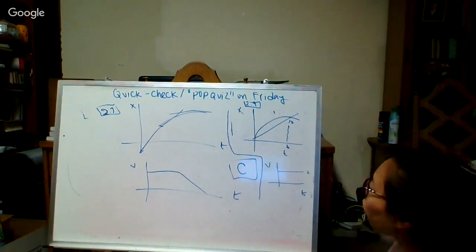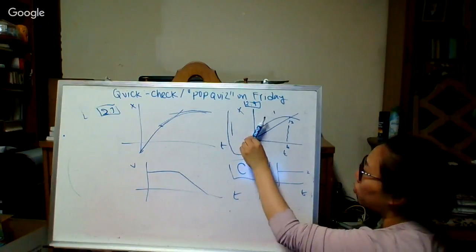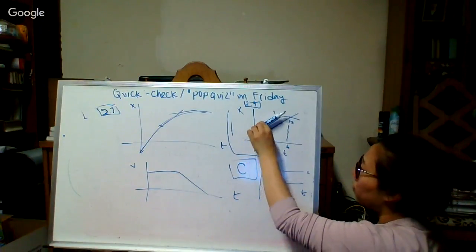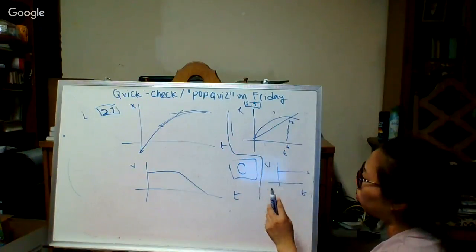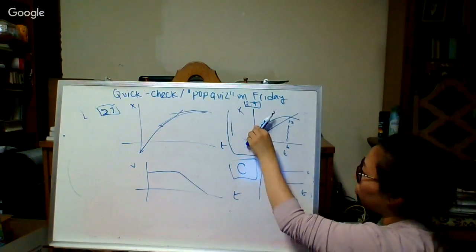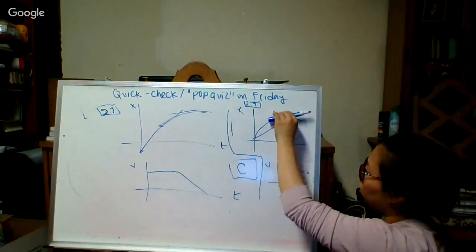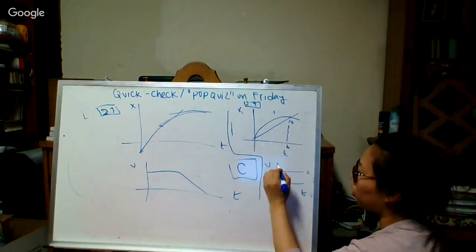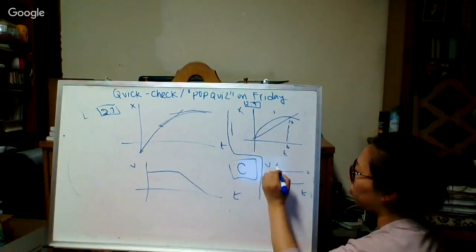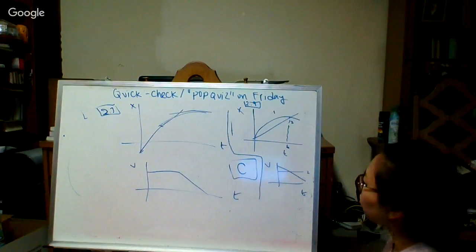And then number 1 is going to have a slope that's positive, and then it's decreasing. So it's going to be from a positive number, probably from up here, to a negative number. So it'll go down to 0.